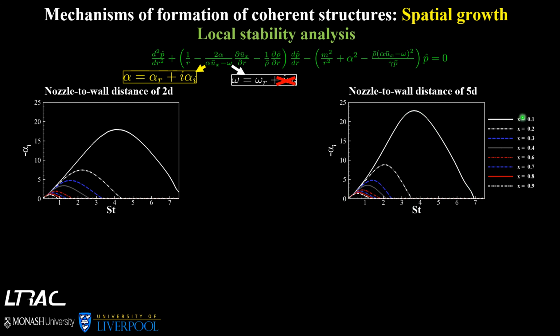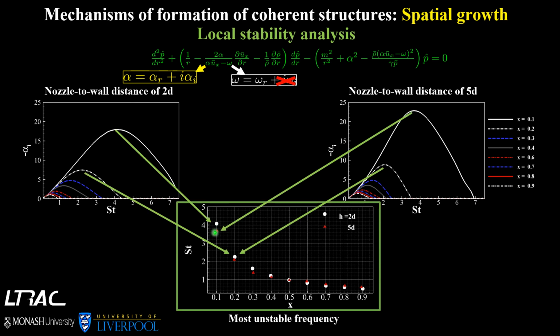We do it for different axial locations for both cases, considering the most unstable frequency has the maximum growth rate at each axial location, and collecting this data, putting it in one graph, showing the most unstable frequency as a function of streamwise location. What we see is that the most unstable frequencies for both cases drop by a factor of 8 in one jet diameter based on the local stability analysis.